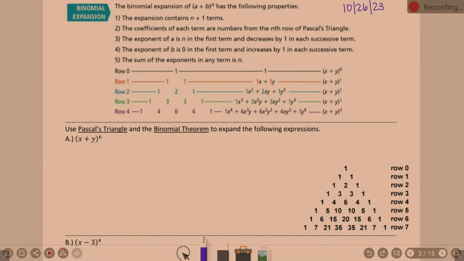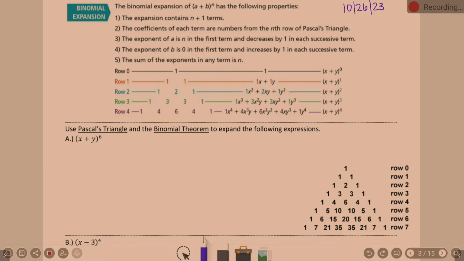Kind of like when we raise something to the 2nd. When we FOIL something, we actually end up with 3 terms. The coefficients of each term are the numbers from the nth row of Pascal's triangle. So when we get ready to do this example here, this is a power of 6. We're going to use row 6 of Pascal's triangle.